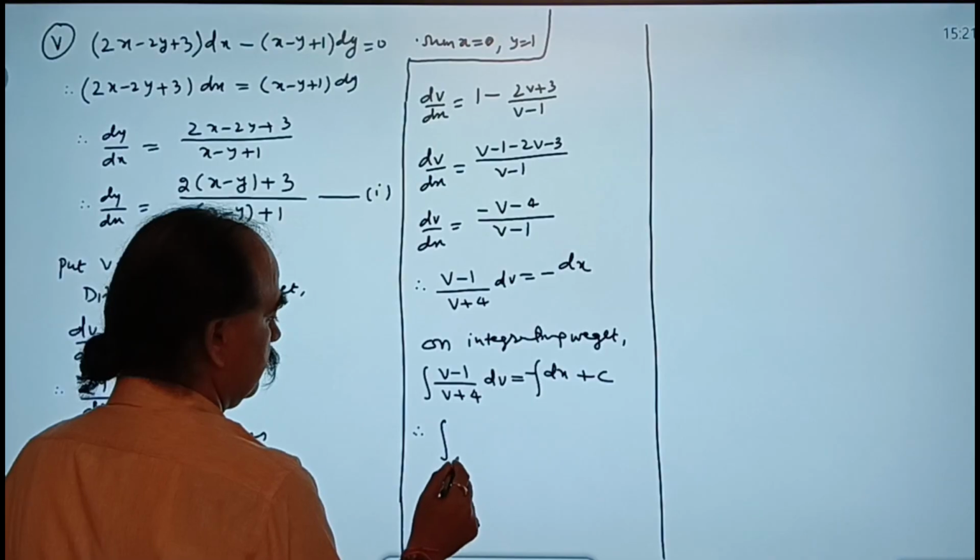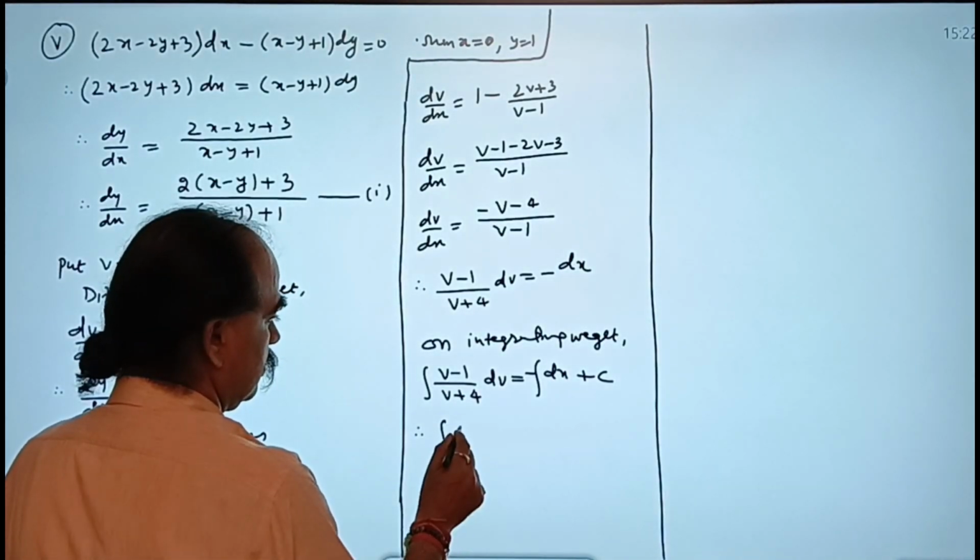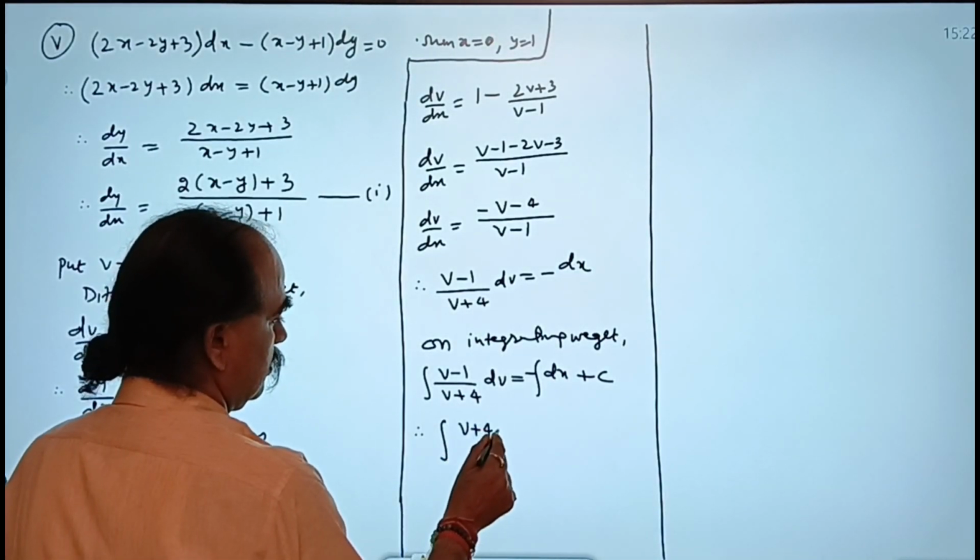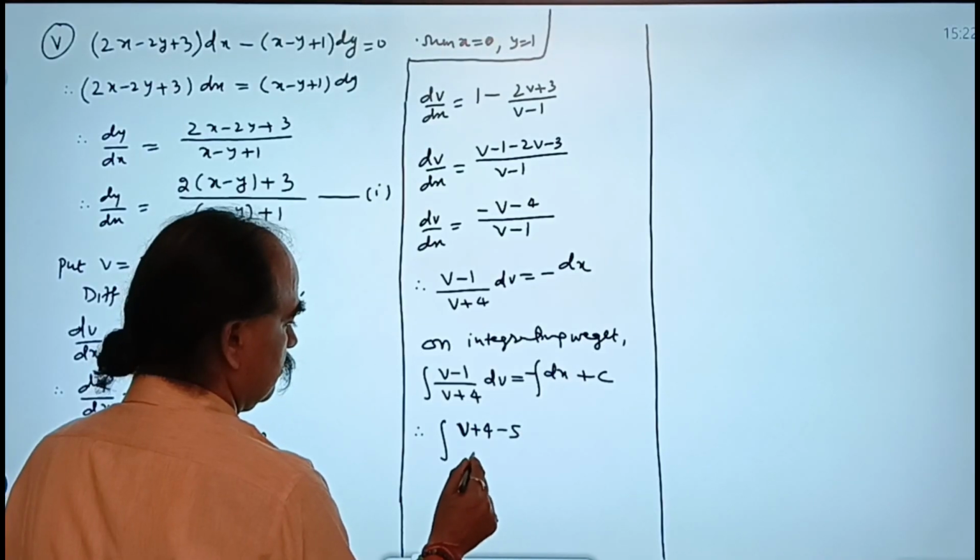Write v minus 1 as v plus 4 minus 5 upon v plus 4.